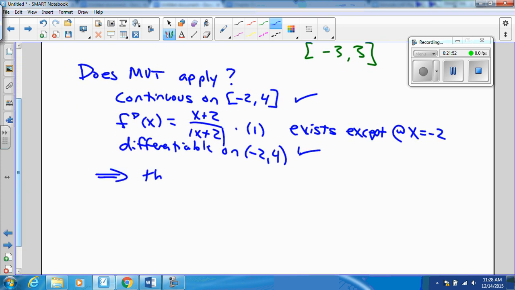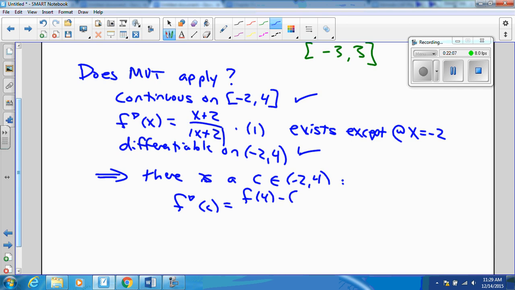And that allows me to come to the conclusion, therefore, there is a C in negative 2 to 4 such that f prime of C is equal to f of 4 minus f of negative 2, all over 4 minus negative 2.